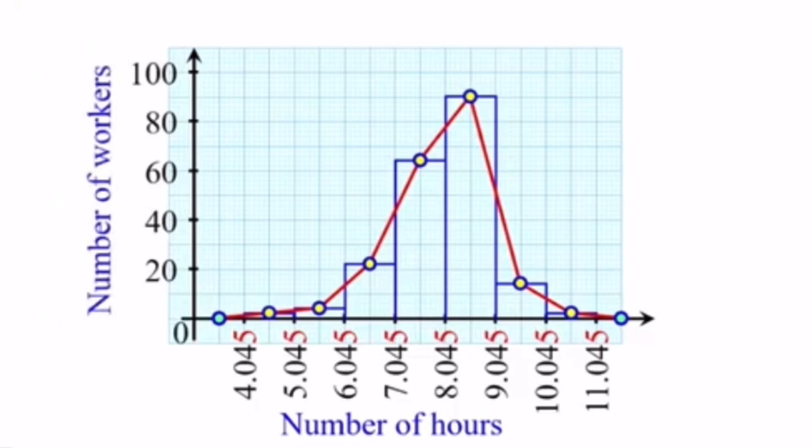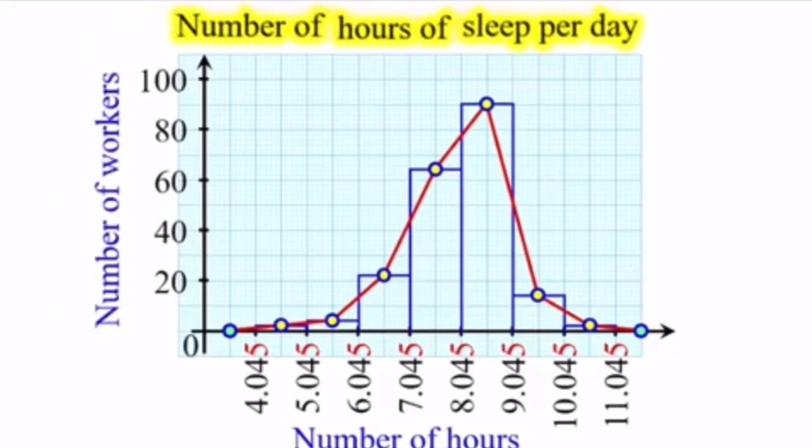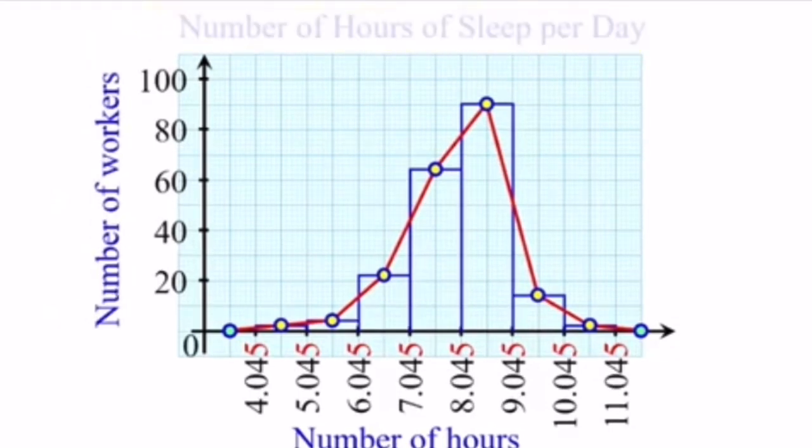So this graph is actually about the number of workers and the number of hours of sleep per day for the workers. So we can add a suitable title to represent the graph so that people can have a good understanding of the information from the graph.